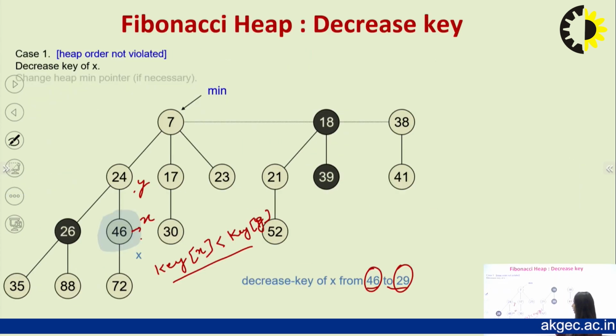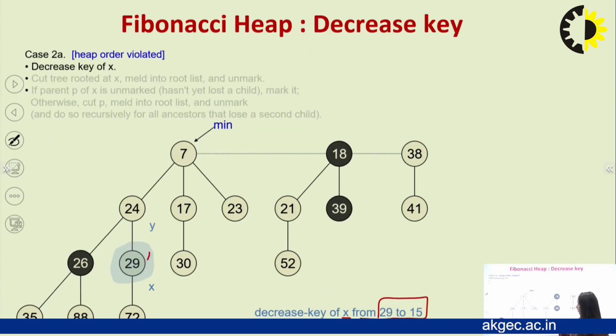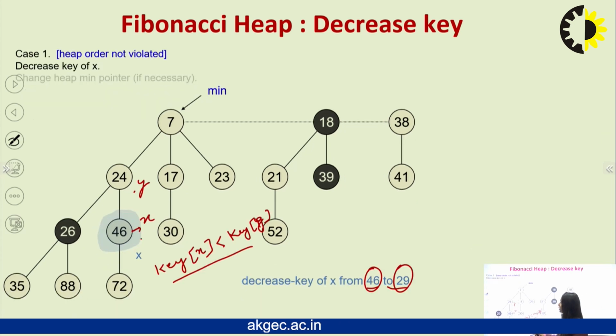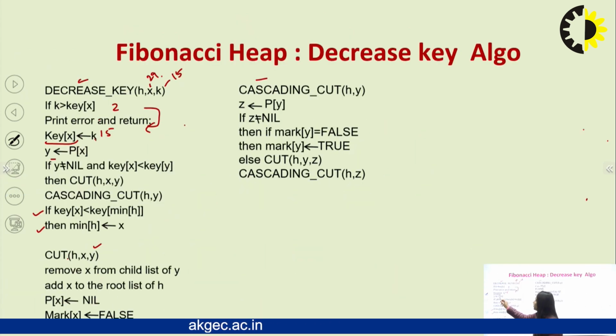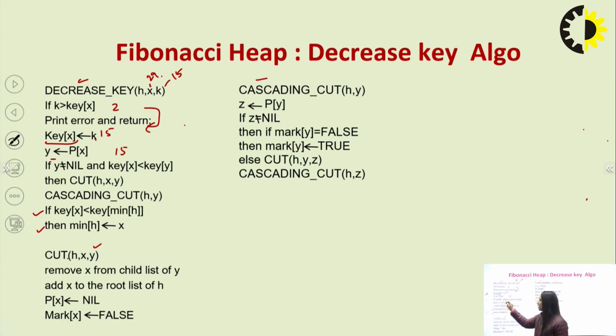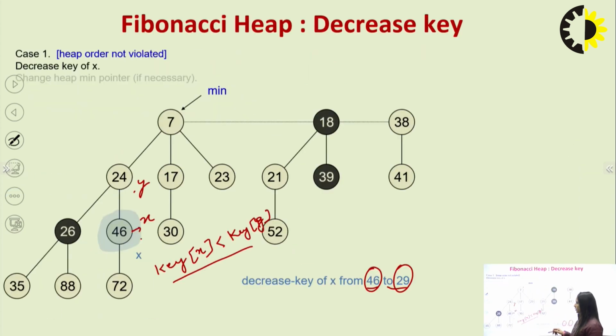Okay, let's check, we update 29 as 15 here, right? Now we check the parent node. See, mark parent of x, now it is 15, parent of x as y, and check that y should not be equal to nil and key of x is less than key of y.